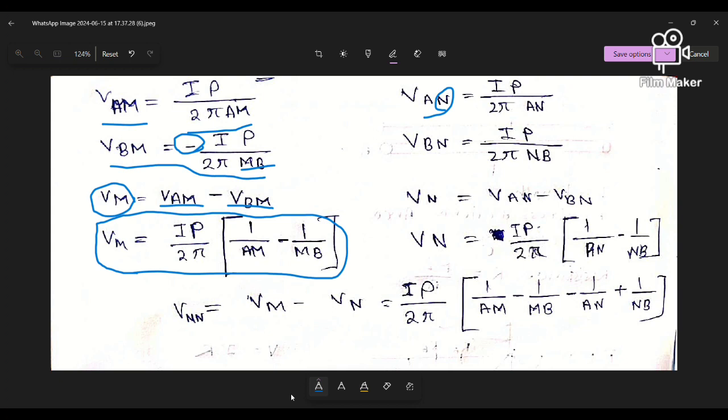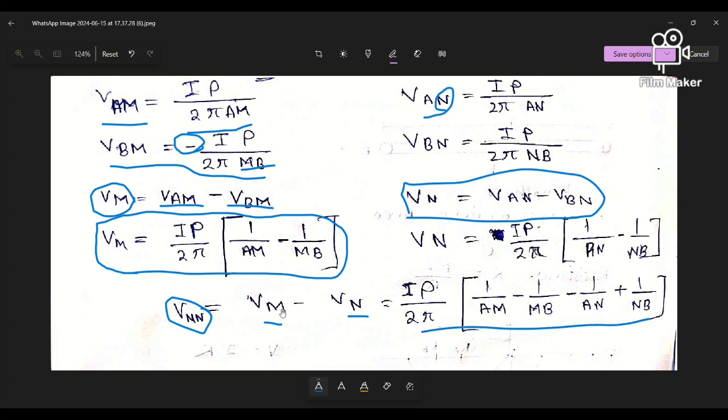So here also VN is VAN minus VNB, and the difference between the two potential electrodes is the voltage of the M electrode and the voltage of the N electrode. So this is the main formula.